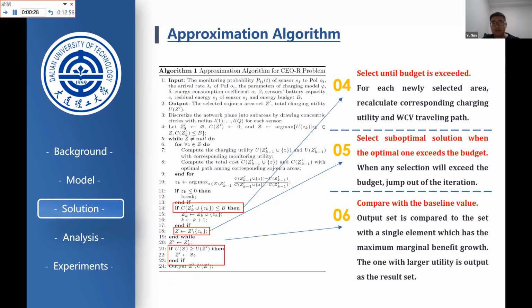And when any selection will exceed the budget, we jump out of the iteration and compare the output set with the baseline value. The output set is compared to the set with a single element which has the maximum marginal benefit growth, and the one with larger utility is output as the result set.